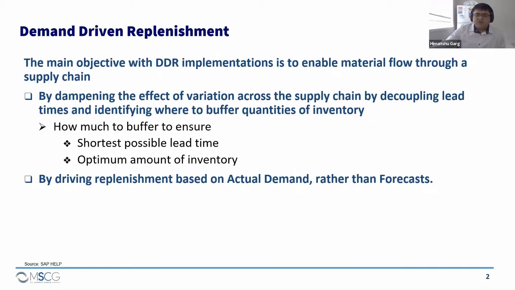DDR tells us how much to buffer so as to ensure that there is shortest possible lead time to fulfill the demand and optimum amount of inventory is stocked. SAP has provided a tool to support and manage all processes and steps as ascribed by Demand Driven Institute effectively.